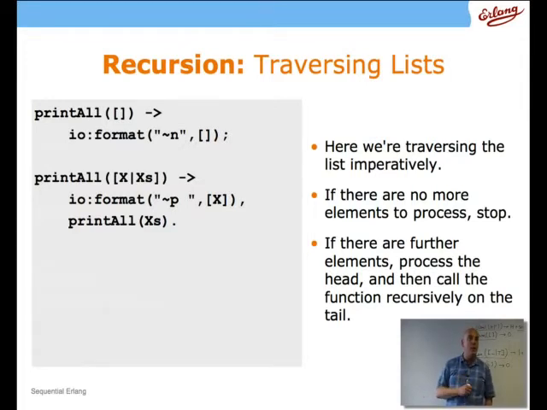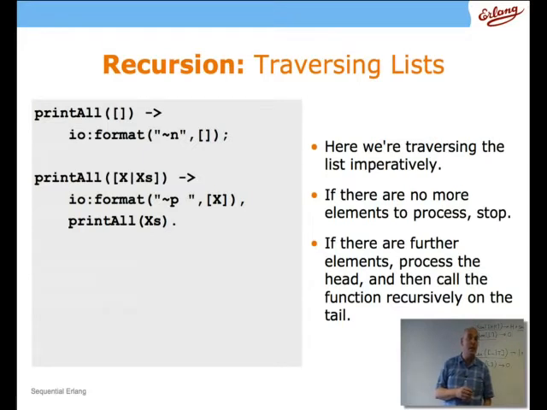So again, we've got this pattern that you're either supplied with an empty list or you're supplied with a list whose first element is x and whose remainder is xs. This is another pattern people write for list recursions. In the case that you're presented with an empty list, you simply output a new line.